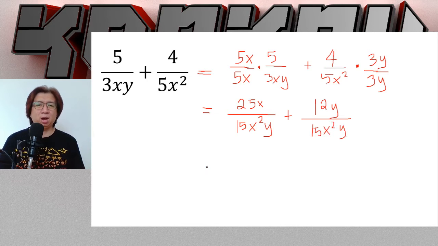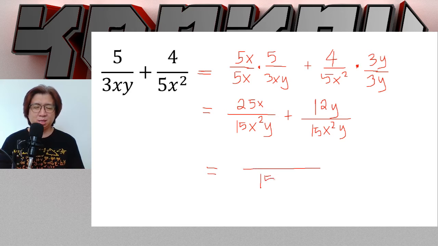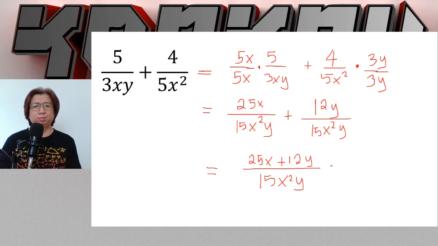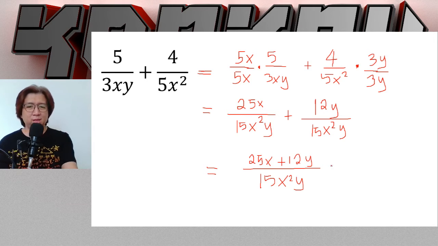Alright, so now we have the same denominator. So we have 25x plus 12y all over 15x squared y.